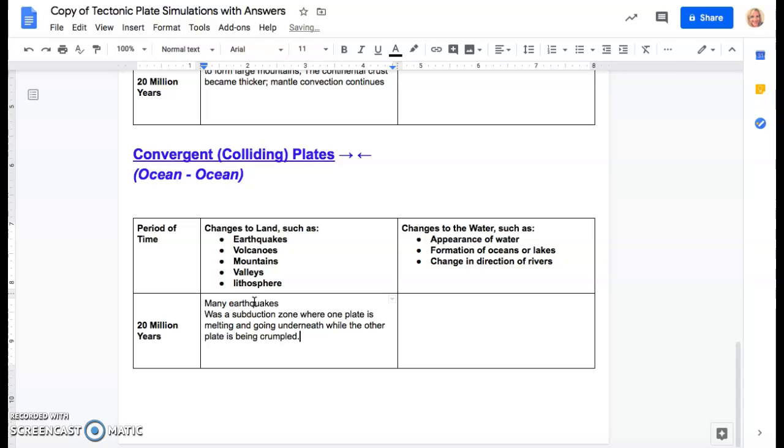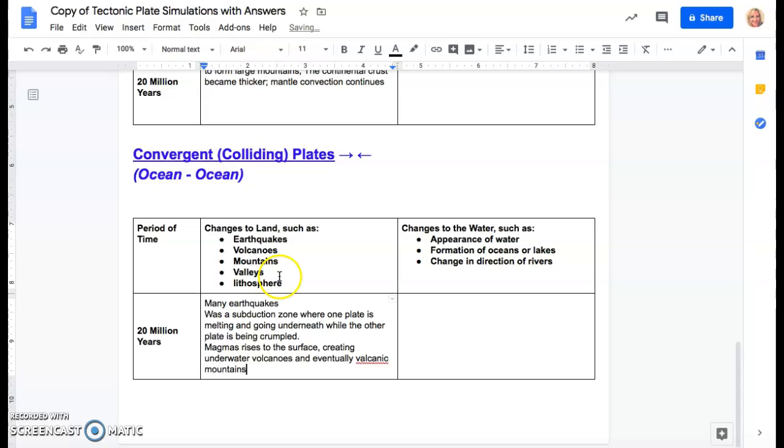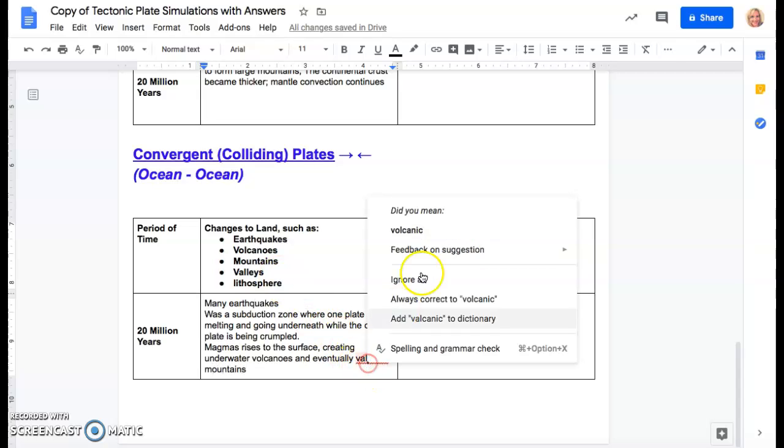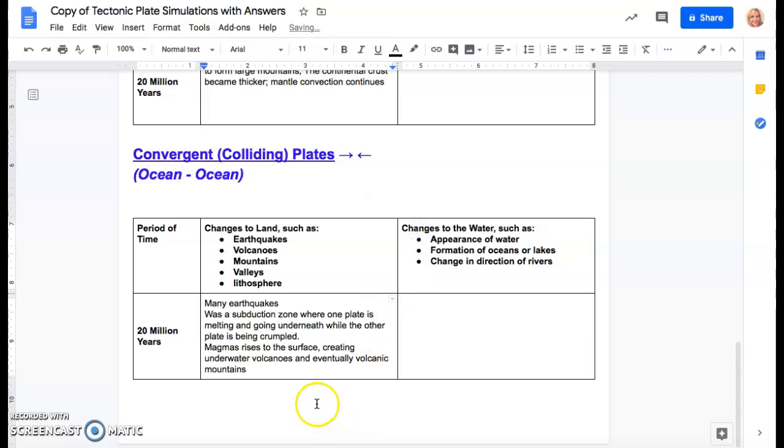Right? Okay, we would also say that magma rises to the surface, creating underwater volcanoes, followed by, and eventually, volcanic mountains. Okay, all right, so that's what we saw happen.